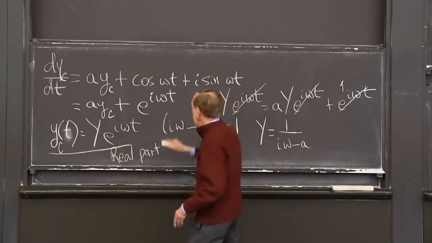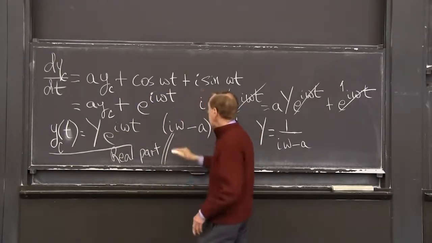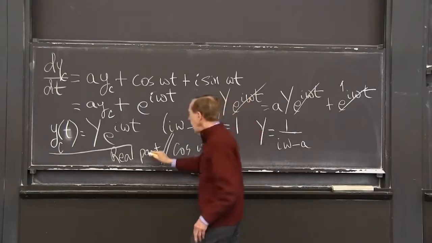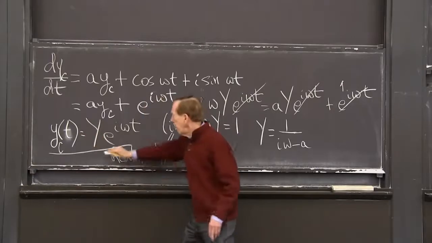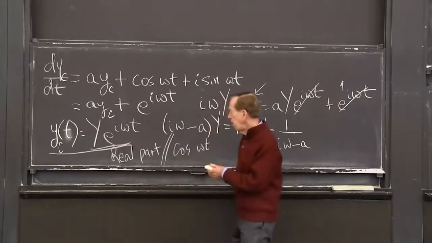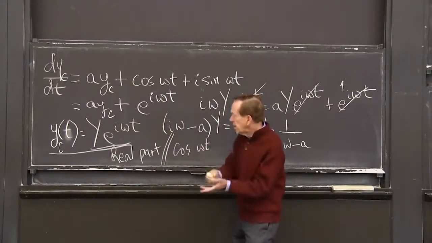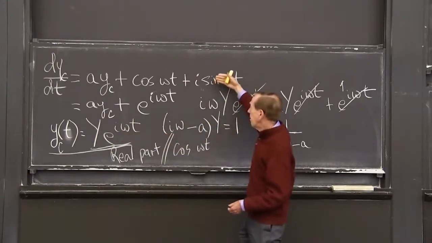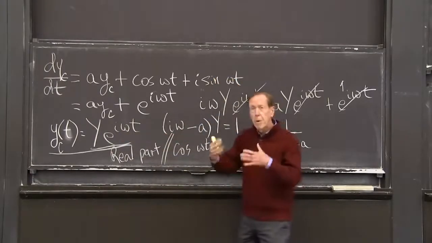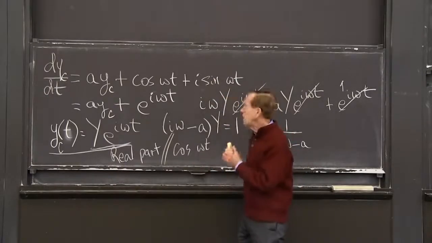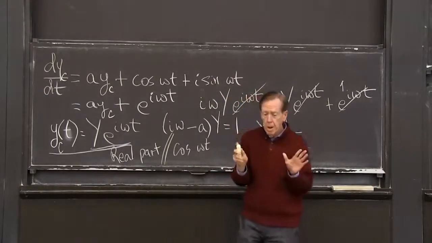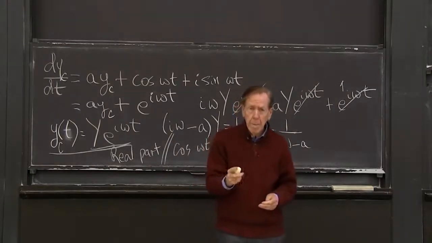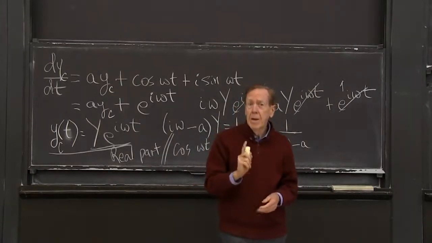It will be the result matching the cosine. That's the real part of this expression, which I now know. And the imaginary part of this same expression will give me the sine, the response to the sine term. So two problems solved, one method, but there's a step that I have to take.